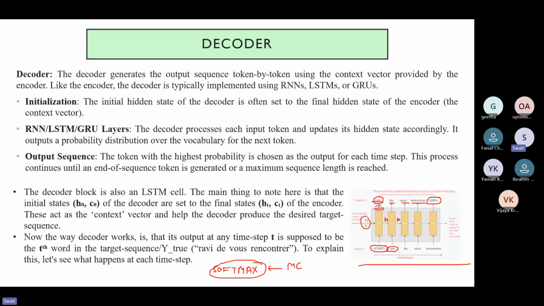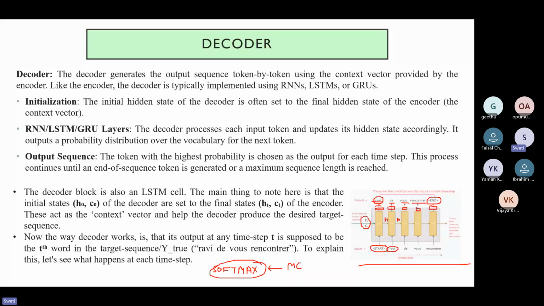Here we will use the softmax activation function, and it gives you probabilities. It will give you the probability of all the words in the vocabulary, and whichever has the highest probability will be your output here. This softmax function will be present at each timestamp. So in this way it will get the probability.